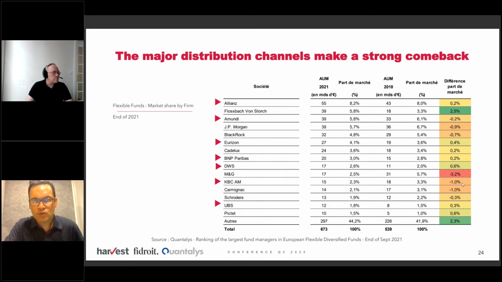We wanted to explain the market share and the split of the industry and the fund promoters in terms of assets under management. As you can see, you have small independent boutiques like Flossbach in Germany, in France we know Carmignac and so on.